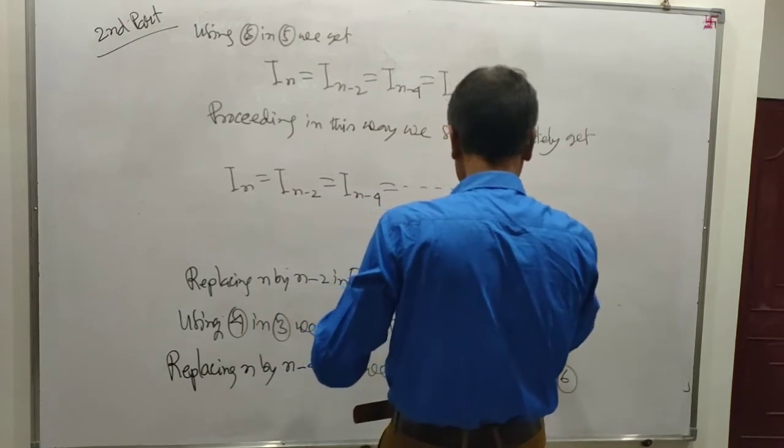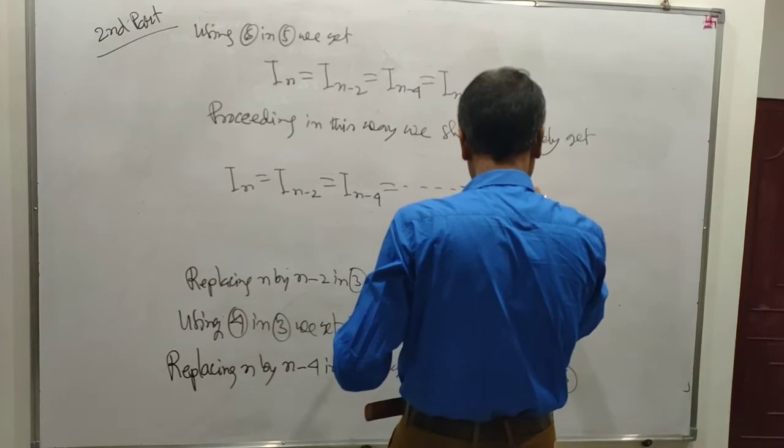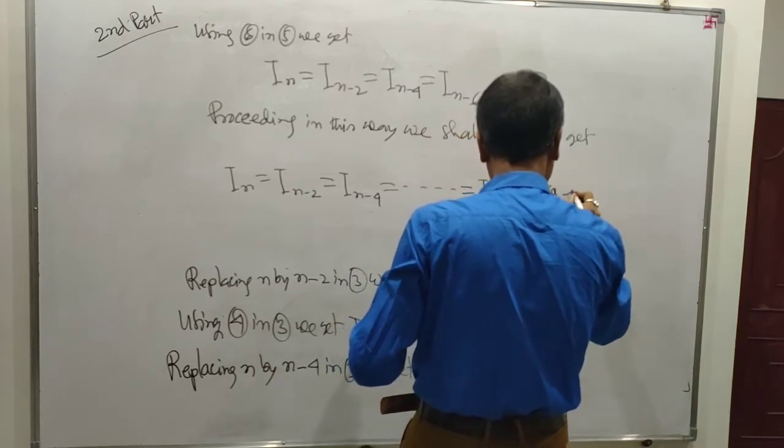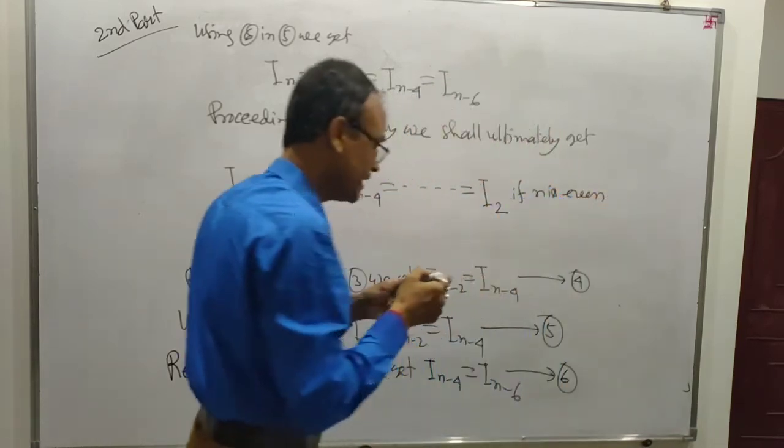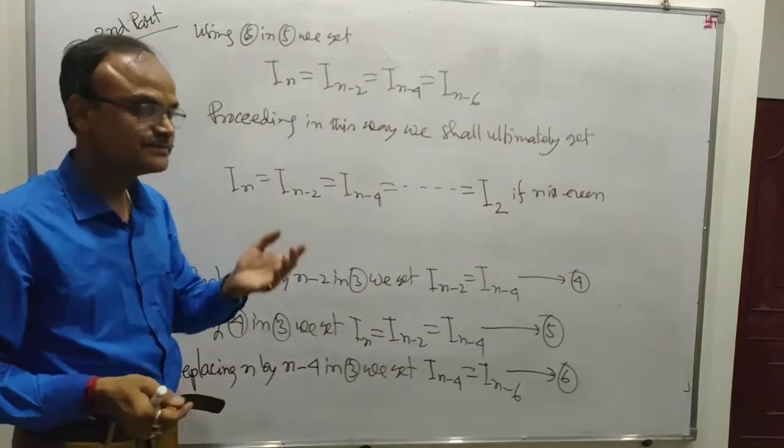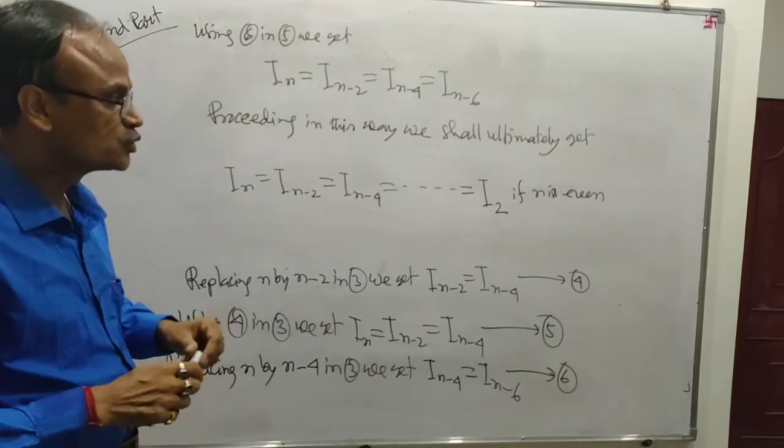It will be I_2 if n is even. Reduce it by 2.